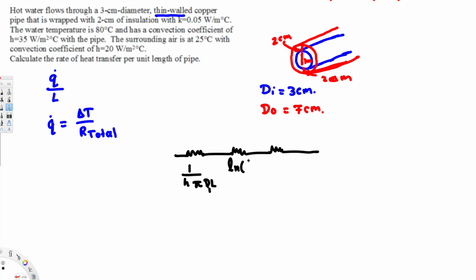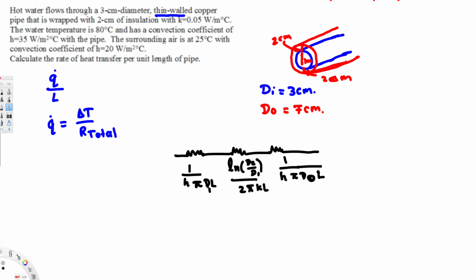So this is going to be ln d2 over d1, over 2 pi k L, right? And then the next one, outer convection. Again we are going to have the heat transfer coefficient, pi D outside L.